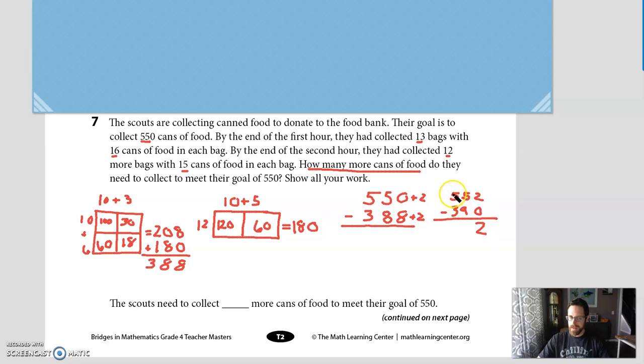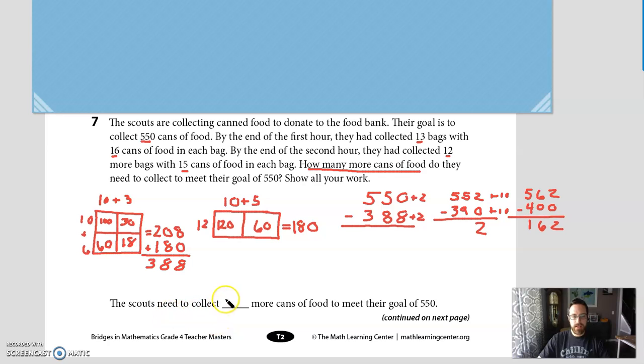And now I still have to, or I could do it again and give 10 and give 10, and then I'd be 562 minus 400, which would be 162. So they would need 162 items yet to meet their goal.